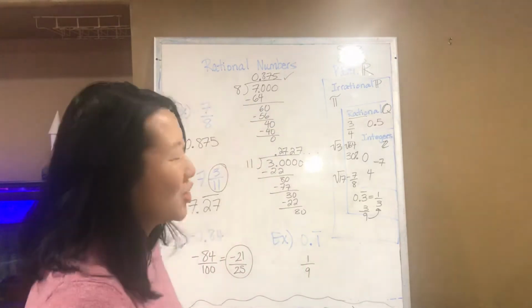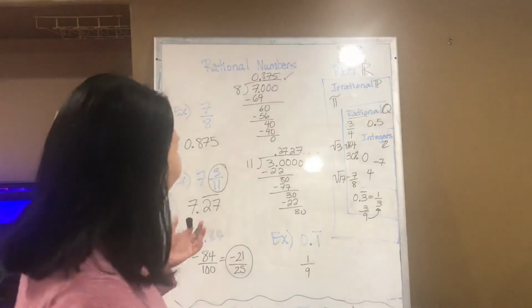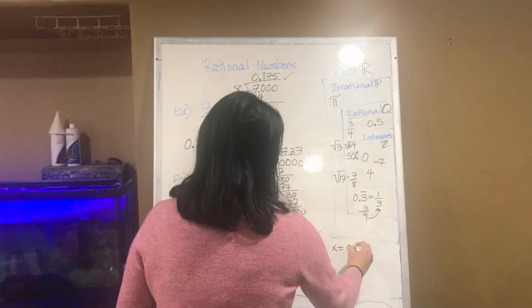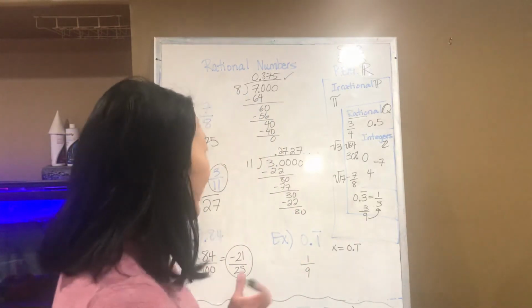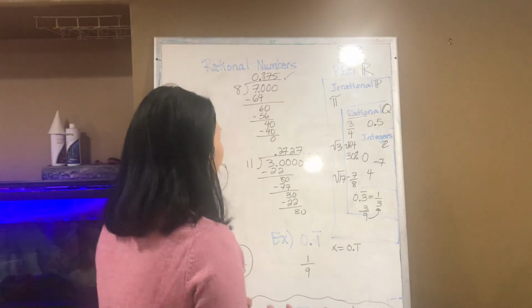But I did want to show you how you can actually get that mathematically without a calculator. So what you would do is you would say x equals 0.1 repeating. And now I've turned it into an equation that I can manipulate on both sides. Now I'm going to multiply both sides by 10.